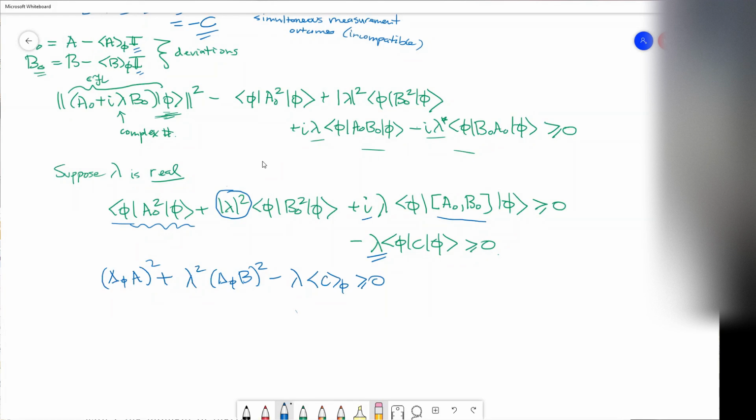And what it means is that if we calculate these things in an experiment, these are just some numbers. What it's saying is that if we are to plot this, this inequality is true for any lambda.